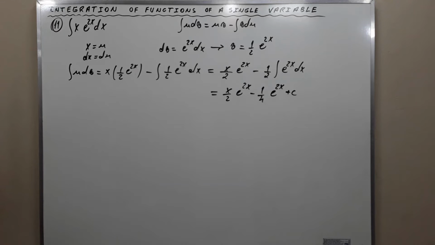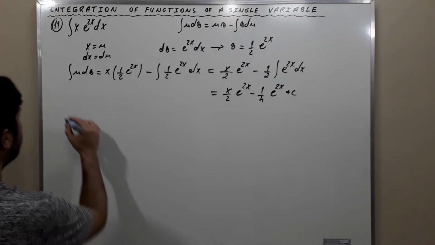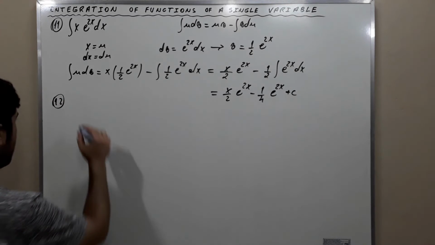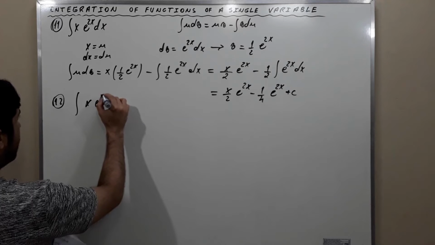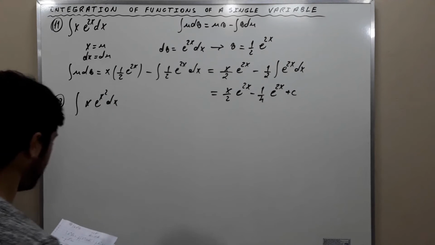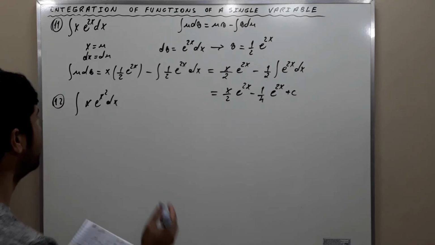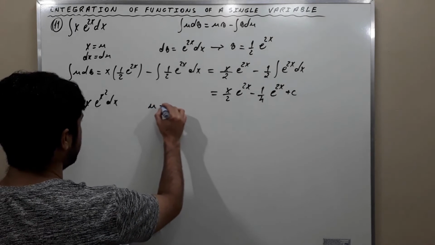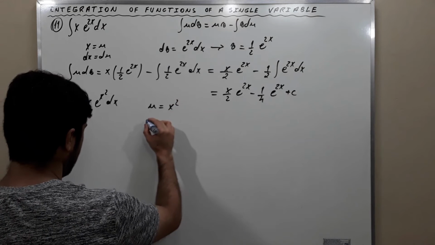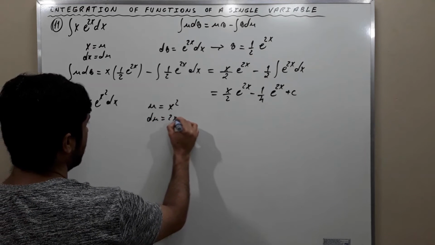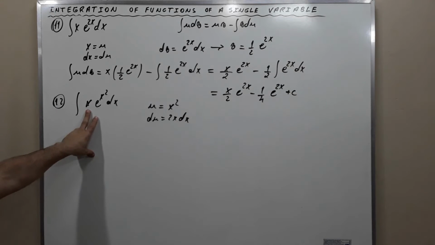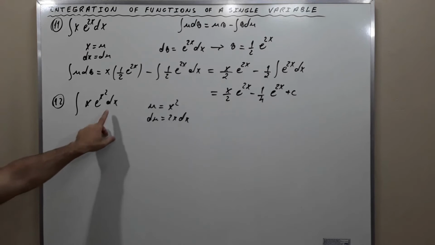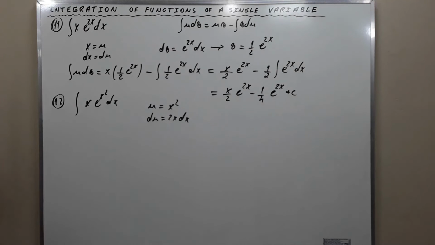Let's go to a very quick one, exercise 12, that is very similar to this. Exercise 12 is the integral of x e to the power of x squared dx. We are going to use a similar technique, u-substitution, where u is equal to x squared and du is equal to 2x dx. We already got this x here, so all we need to do is multiply by 2 to get the du.